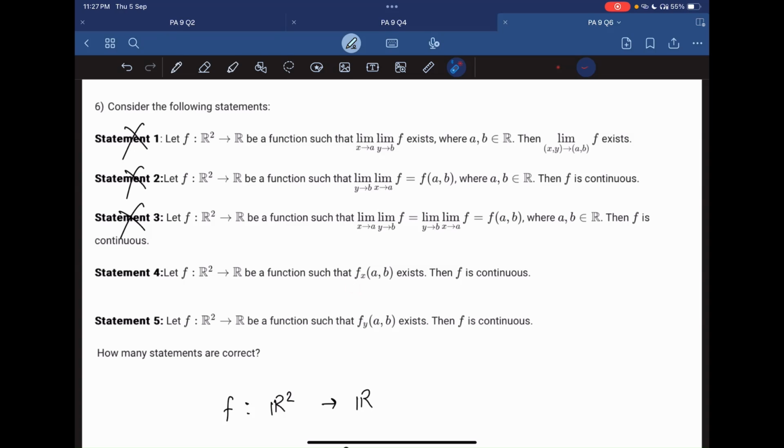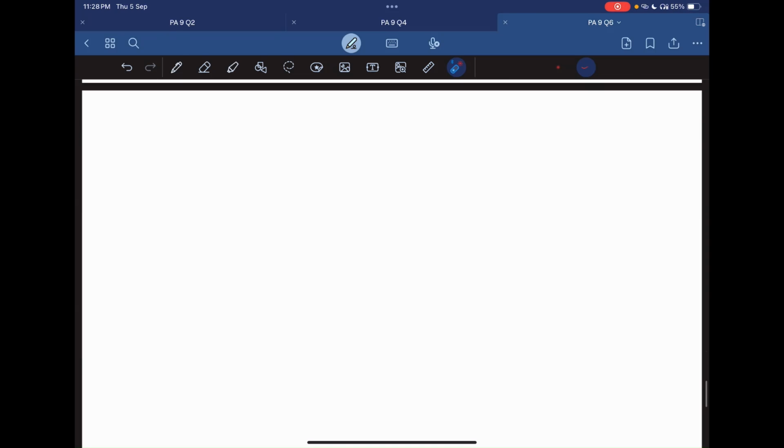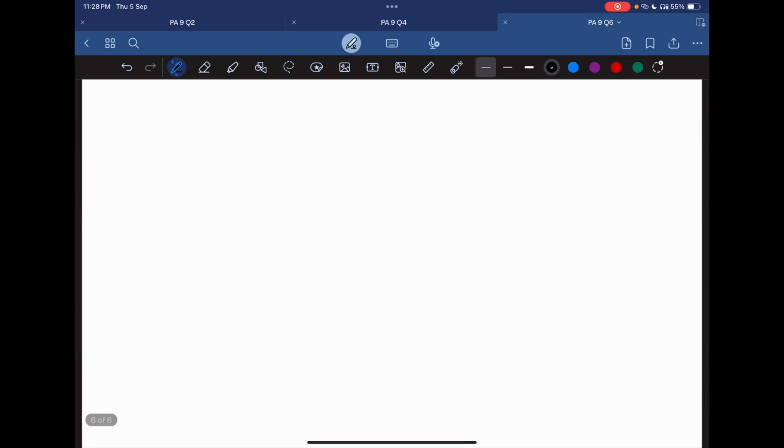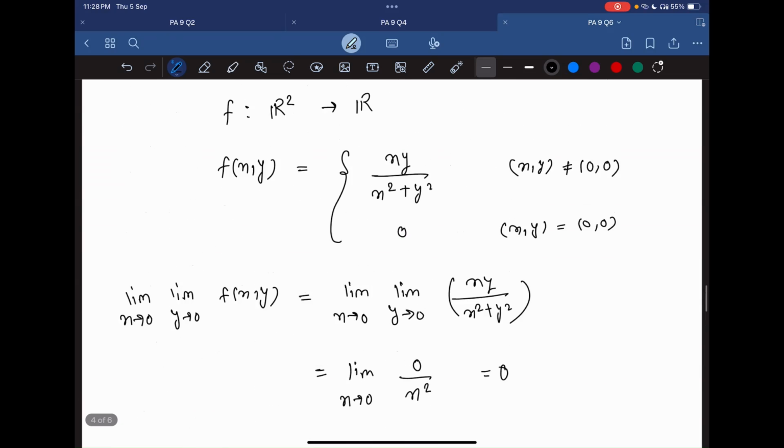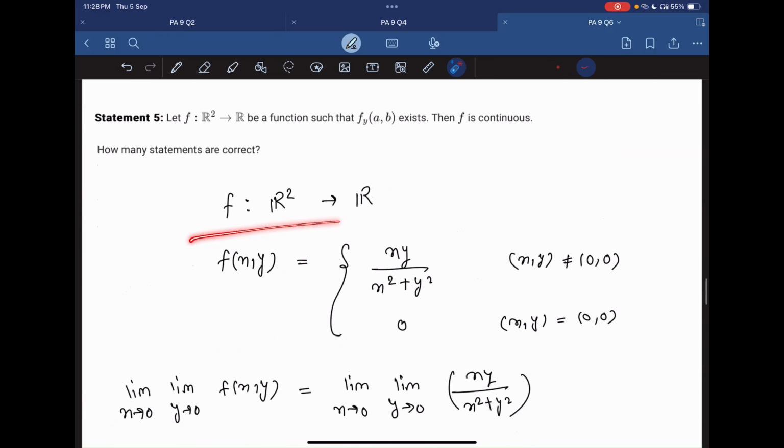that is, the fourth and fifth statements tell us that if the partial derivative with respect to x and with respect to y exists, then f is continuous. So let's calculate the partial derivative. Here, for calculating the partial derivative at the origin, we will not use the shortcut method of treating y as a constant, because our function is a piecewise function.